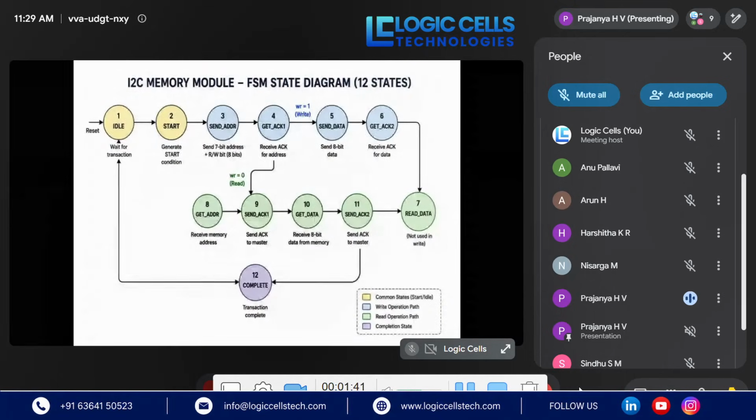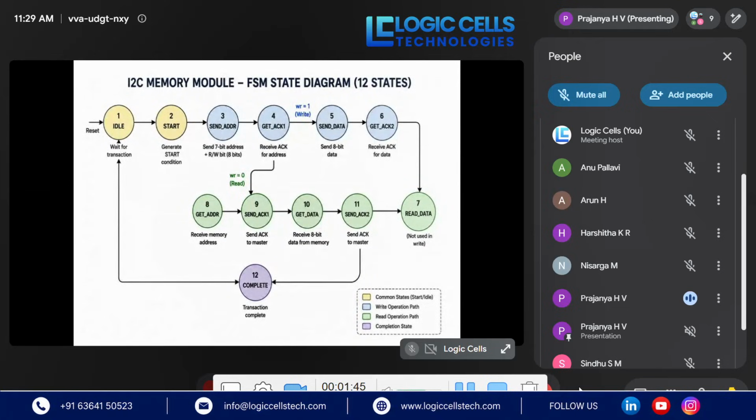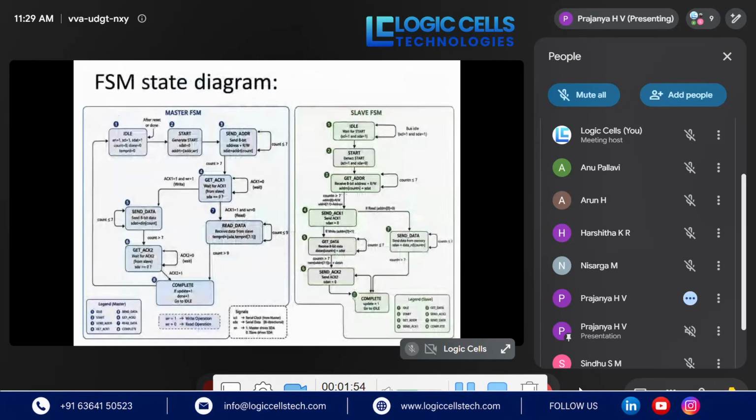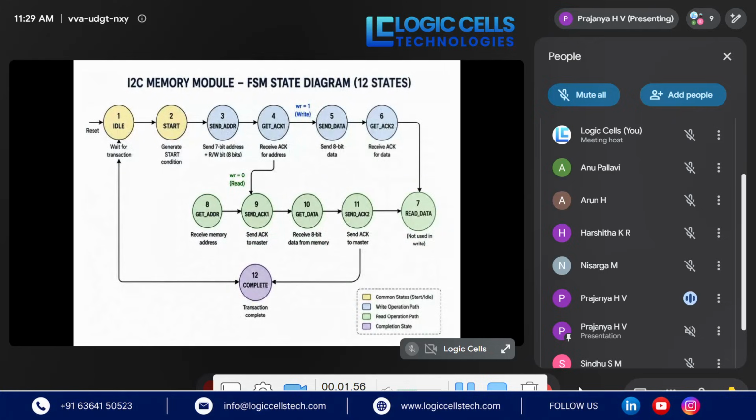This is the 12-state FSM. In our module, we will be considering the 12-state FSM diagram, where the complete communication process is divided into different states.